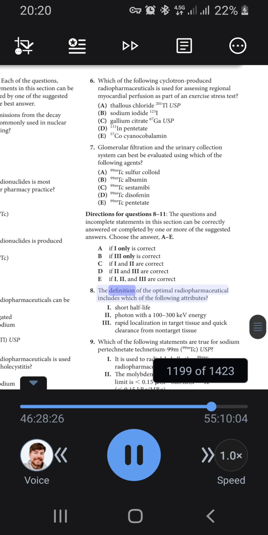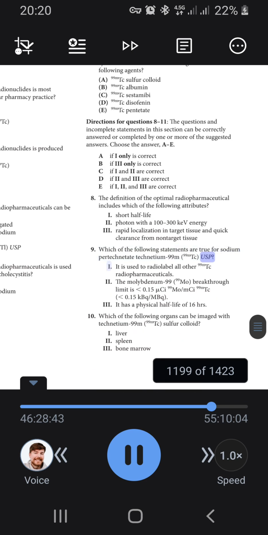8. The definition of the optimal radiopharmaceutical includes which of the following attributes? I. Short half-life. II. Photon with a 100-300 keV energy. III. Rapid localization in target tissue and quick clearance from non-target tissue. 9. Which of the following statements are true for sodium pertechnetate technetium-99m, 99mTc, USP? III.